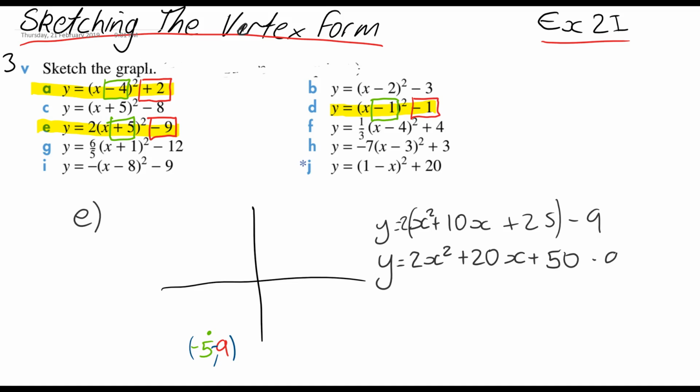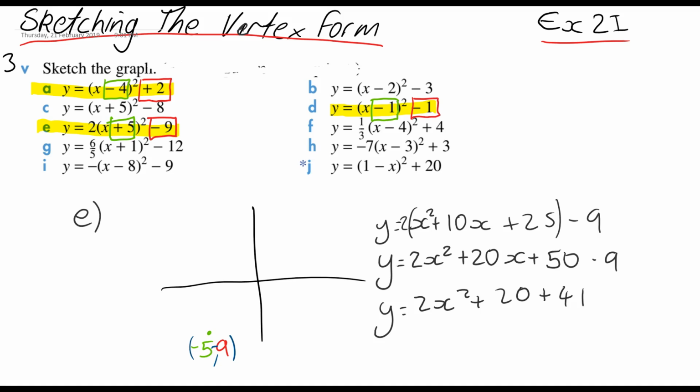Then take 9, which gives you y equals 2x squared plus 20x plus 41.